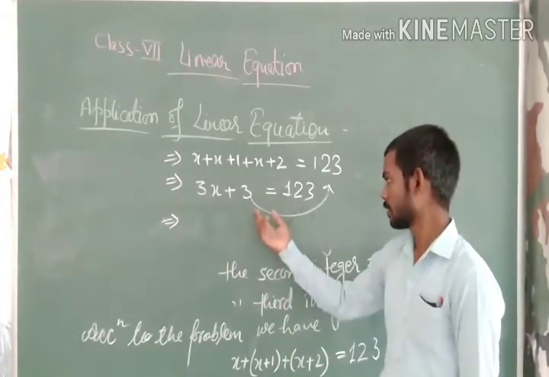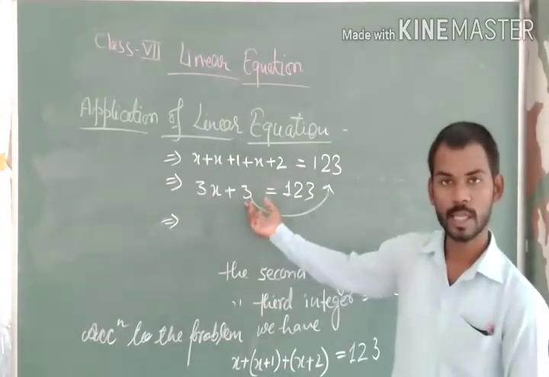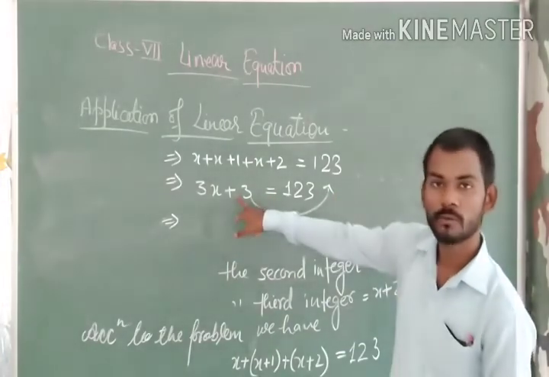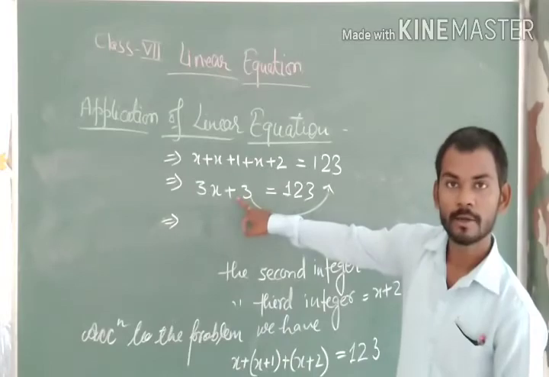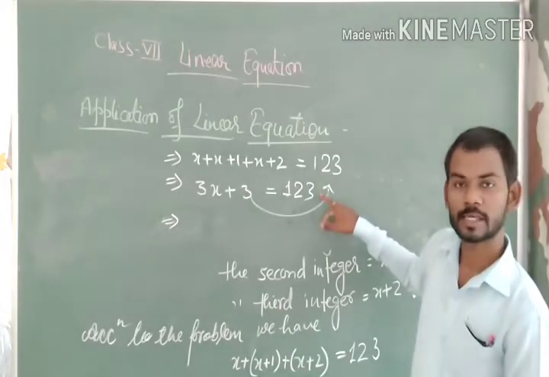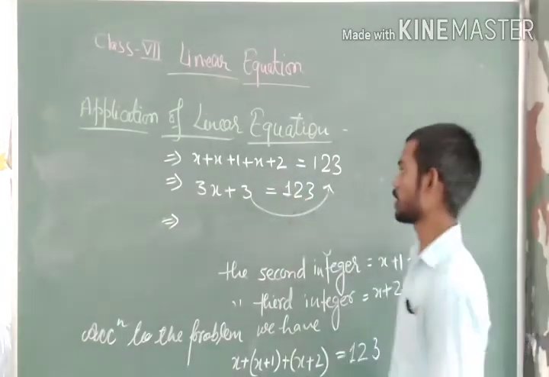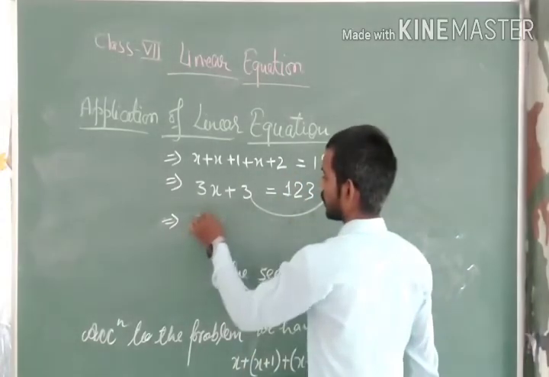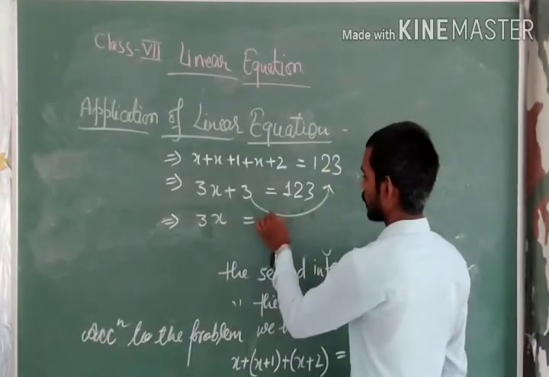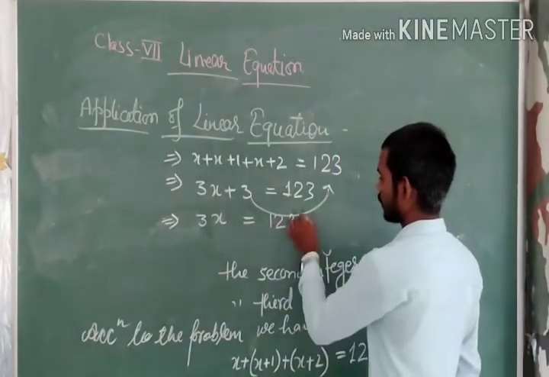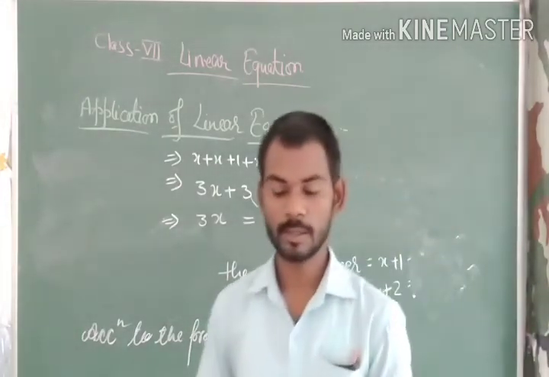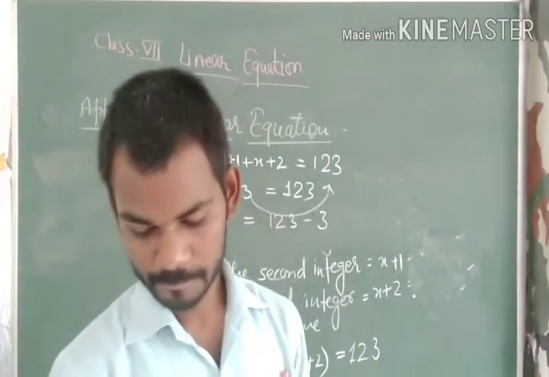When we transpose 3 to the right side, it is with the positive sign; when it crosses the border, it becomes negative. So we have 3x is equal to 123 minus 3.